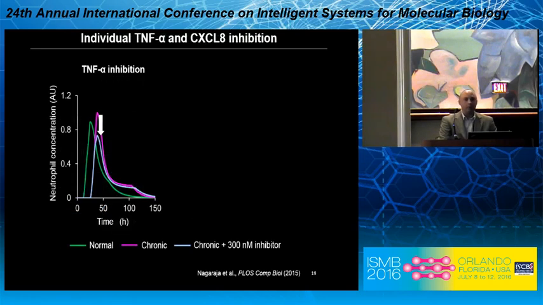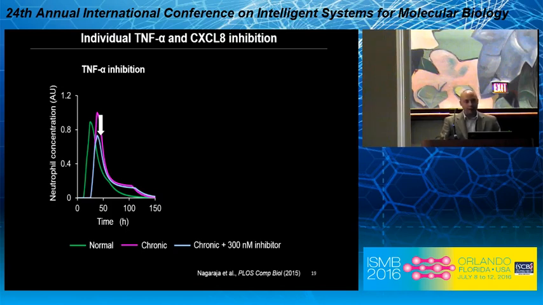And here I'm showing you the results for neutrophils. So the green curve in the slide is the time course for normal inflammation. The magenta curve is the curve for chronic inflammation. And you can see that in the case of chronic inflammation, the peak is elevated, so we want to push it down. And the tail of the temporal trajectory is shifted to the right, so resolution is delayed.